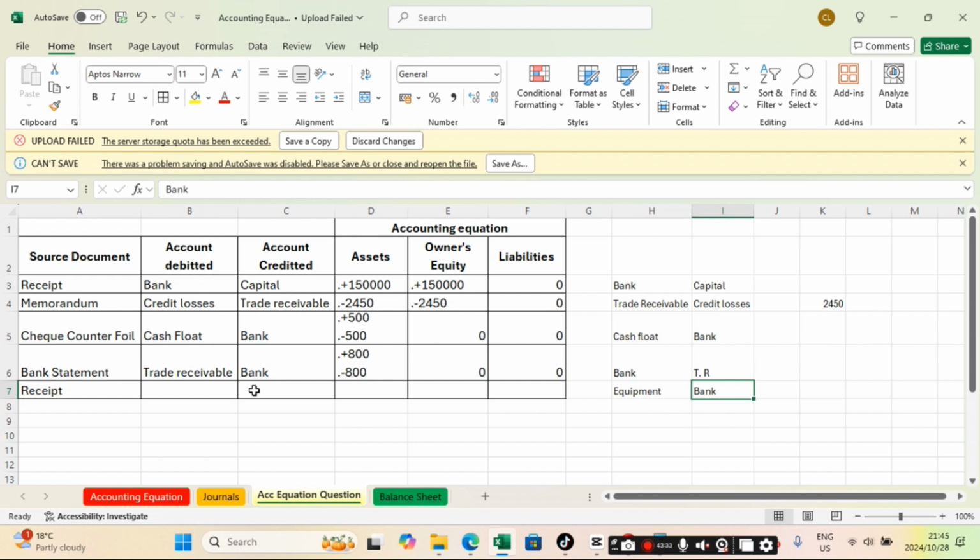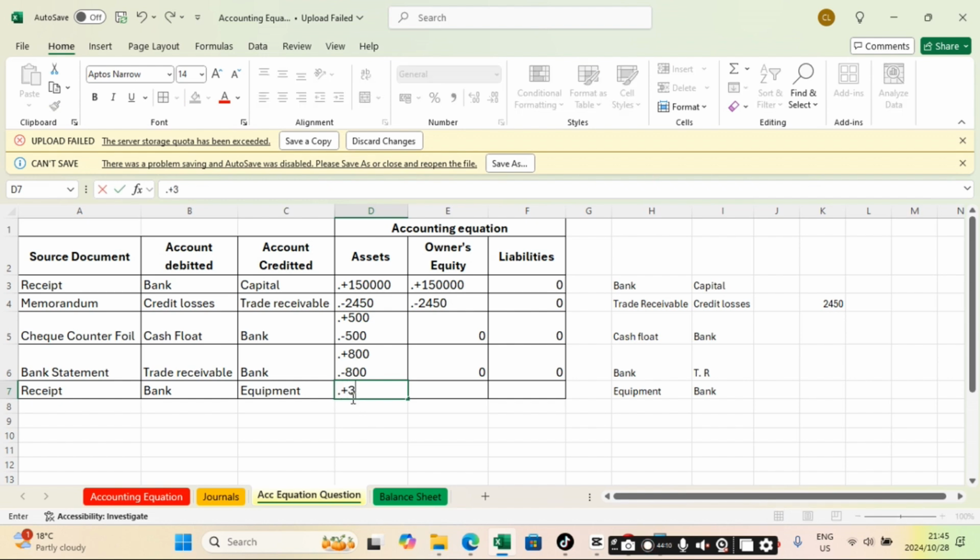Asset increases on the debit side, so the bank will be affected on the debit side. Credit side, equipment. We're selling equipment, so our equipment is decreasing. These two are both assets, and they said increasing by 300,000.